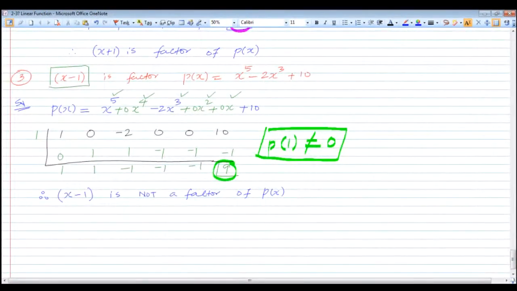If the question is given like this, write the reduced polynomial.